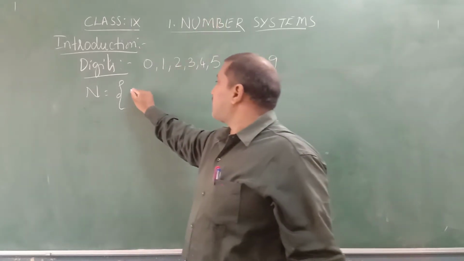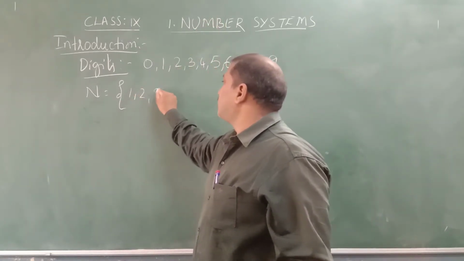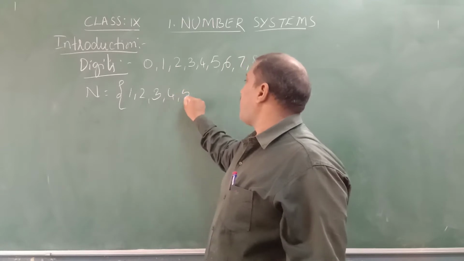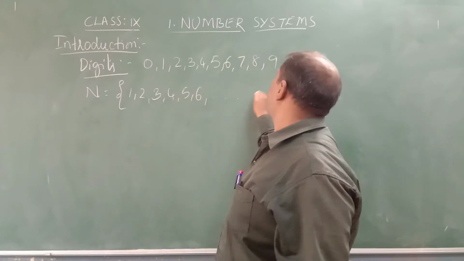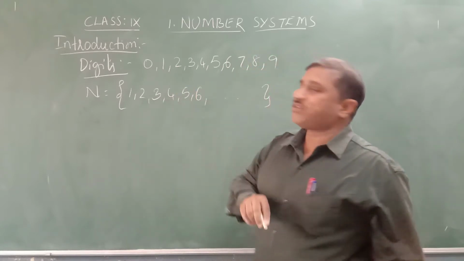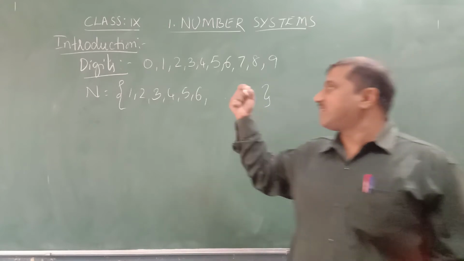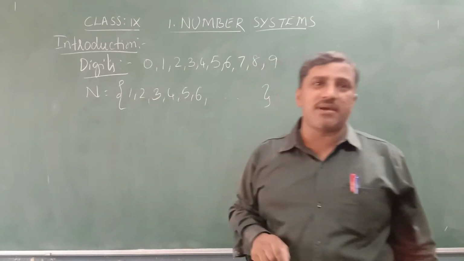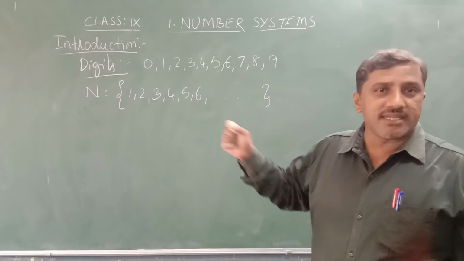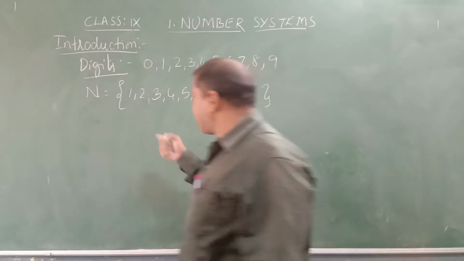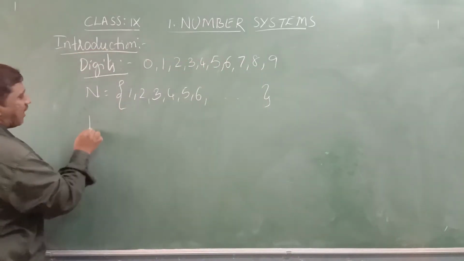So these numbers are 1, 2, 3, 4, 5, 6 and so on. The first and smallest natural number is 1. Next, the second set of numbers are whole numbers.